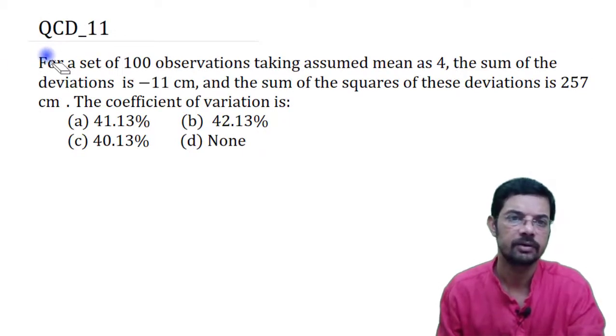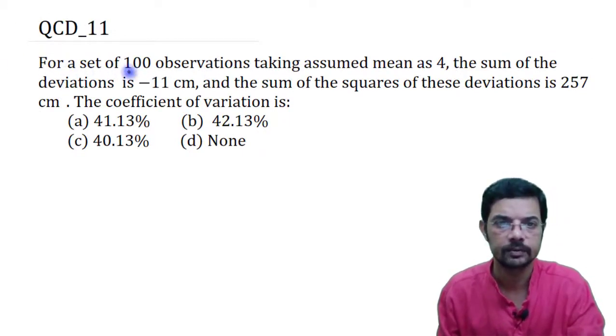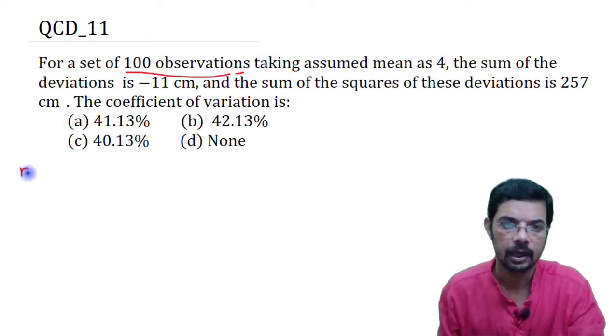In question number 11, we have a set of 100 observations, so n is equal to 100.